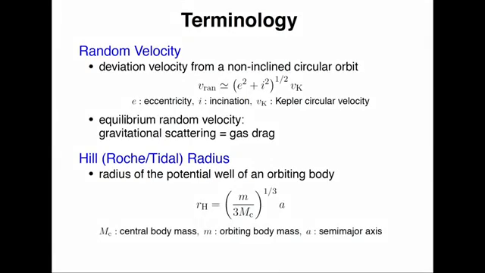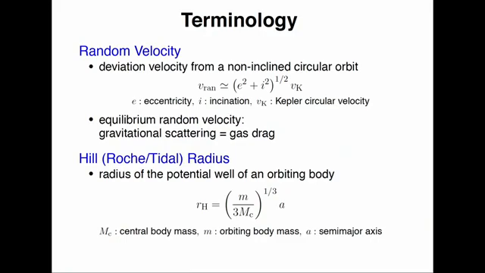Here, m is the mass of this orbiting body, Mc is the mass of the central object, and a is the semi-major axis. So this is the kind of gravitational reach of an orbiting body. And I use these terms later.